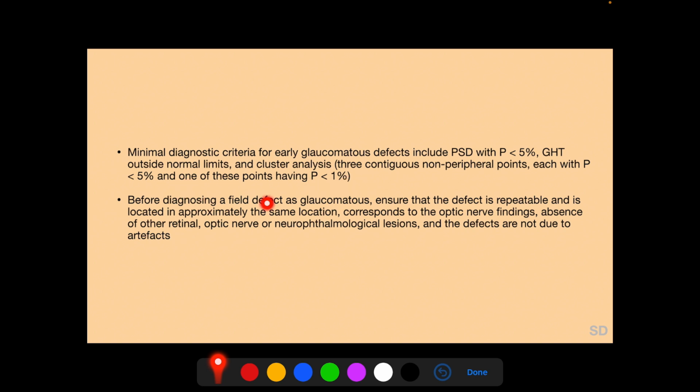Before diagnosing a field defect as glaucomatous, we need to ensure that the defect is repeatable with the same approximate location on repetitive testing, corresponds to the optic nerve head findings, in the absence of other retinal, optic nerve, or neuro-ophthalmological lesions, and that the defects are not due to artifacts.